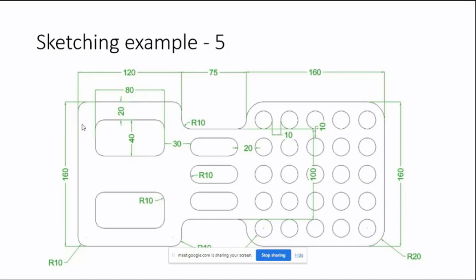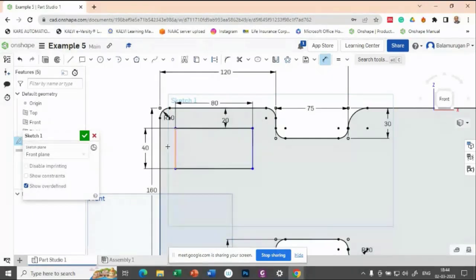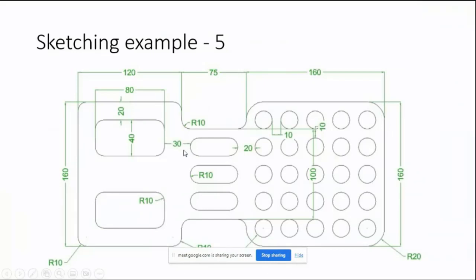So the remaining is 40. So 20, 20 can be the gap. That way also you can identify. So this gap is also 20. Okay. Now let us try to draw a fillet over here.